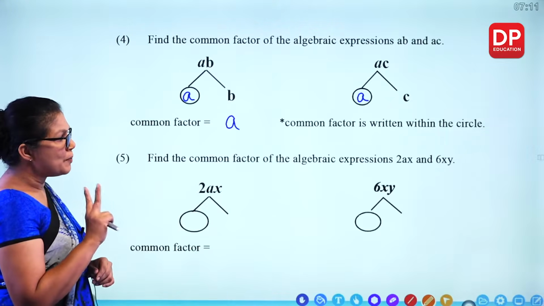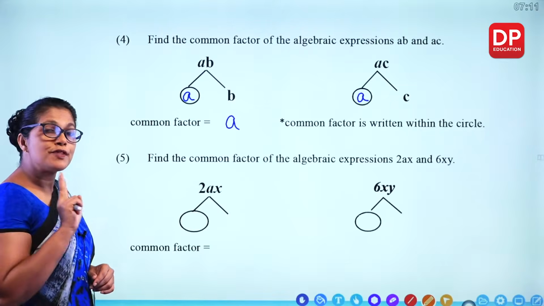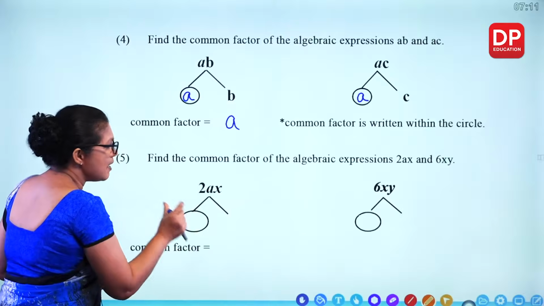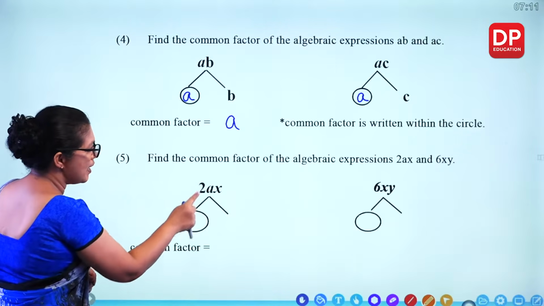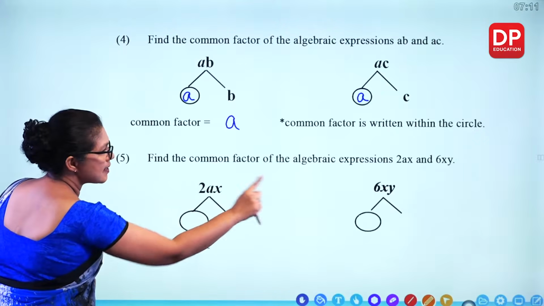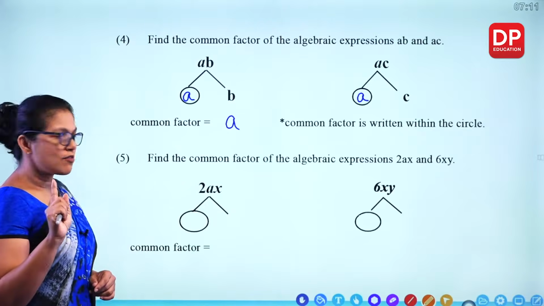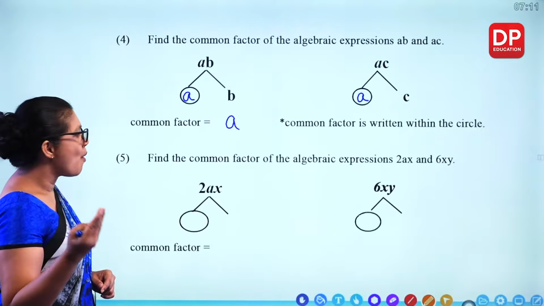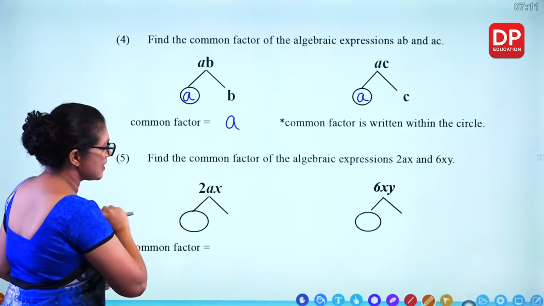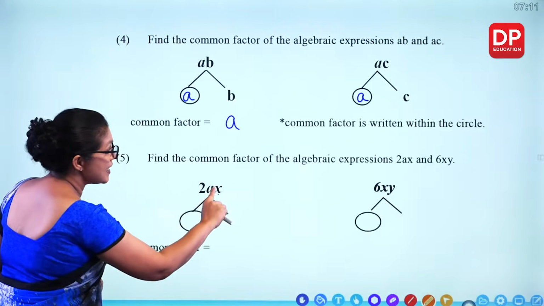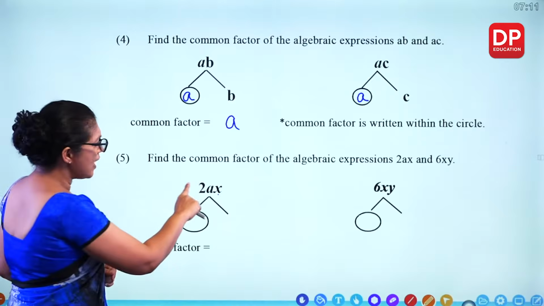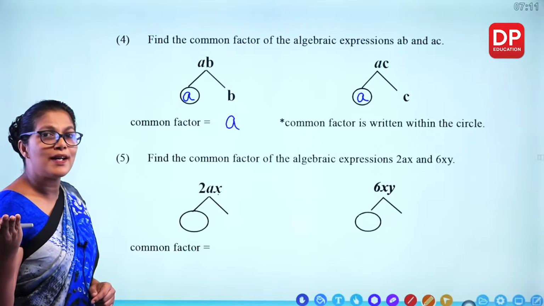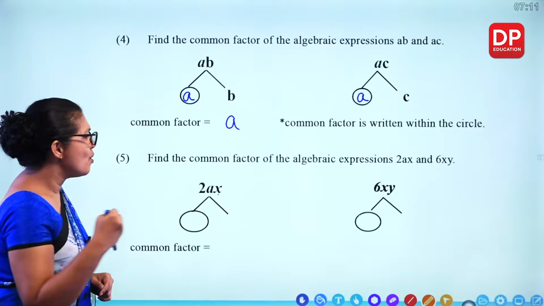Let's take the expressions 2ax and 6xy. Now you need to be careful. You have to take all factors and see what's common. If you take x only, that's not the whole common factor. Sometimes you need to take two or more factors. We can take x. Look at these two numbers, 2 and 6. 2 is common, so we can take 2 as well.